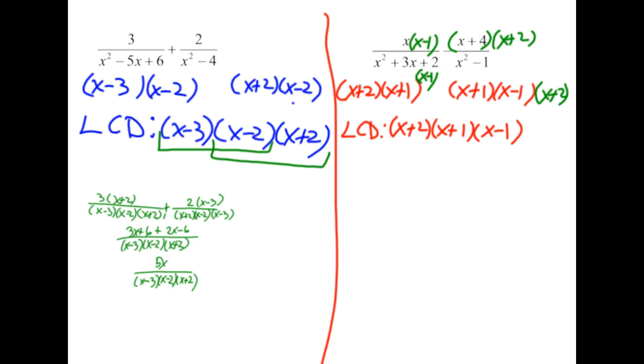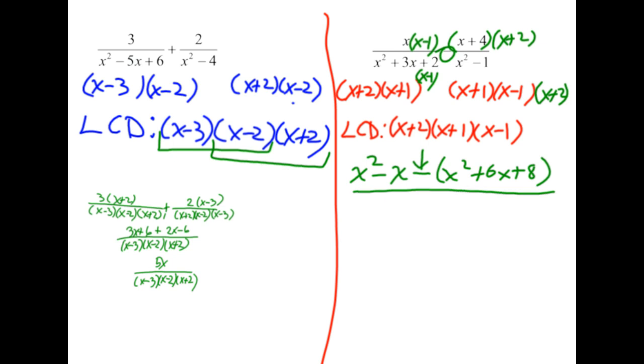Now, by doing this, on the top I get x squared minus x from the first numerator minus x squared plus 6x plus 8 from the second fraction. Notice this minus here has to become a minus of that whole top in parentheses, over my LCD of x plus 2, x plus 1, x minus 1.